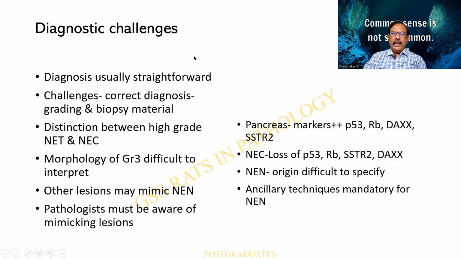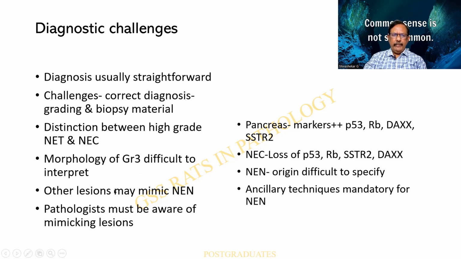So what are the diagnostic challenges? Diagnosis is usually straightforward. We can say that it is a neuroendocrine tumor. But the challenges will be in the correct diagnosis, the grading, and the biopsy material. Distinction between the high-grade neuroendocrine tumor and neuroendocrine carcinoma is supposed to be difficult.